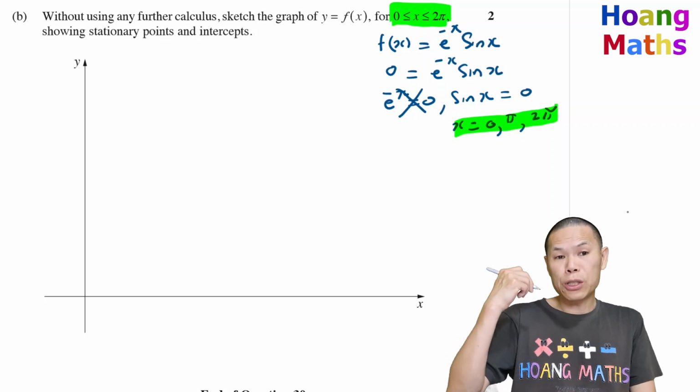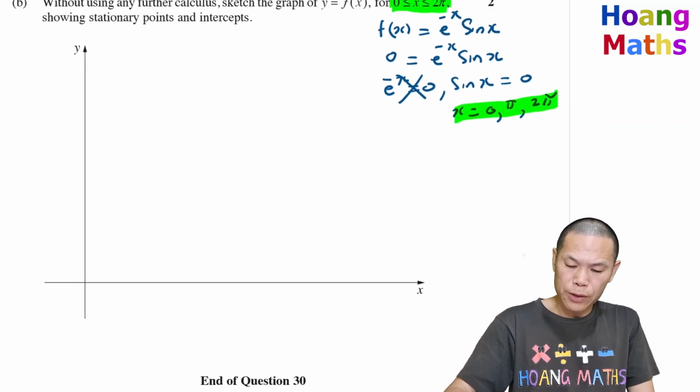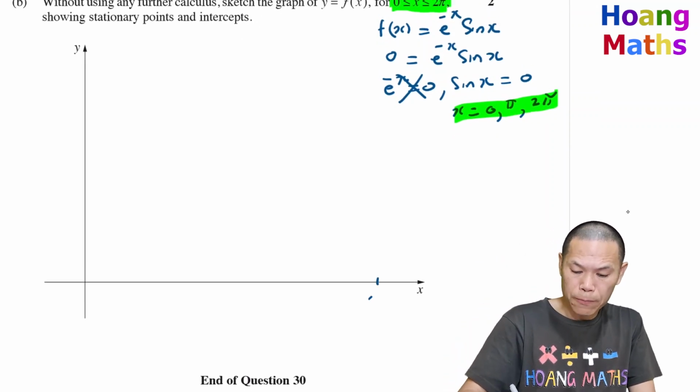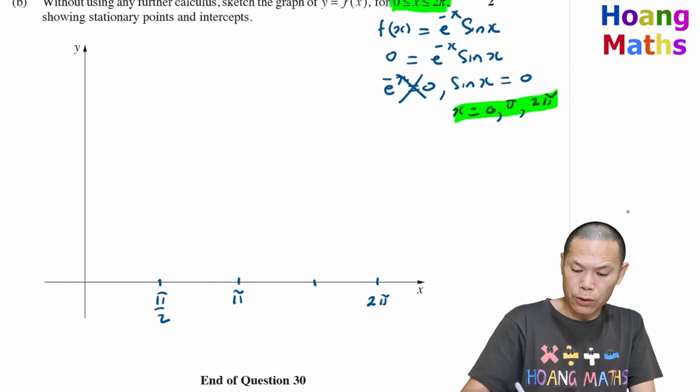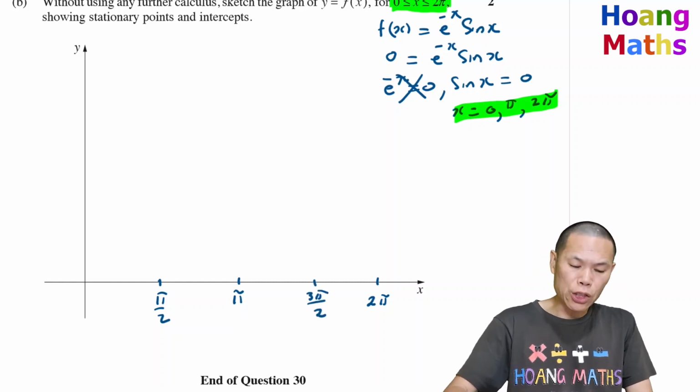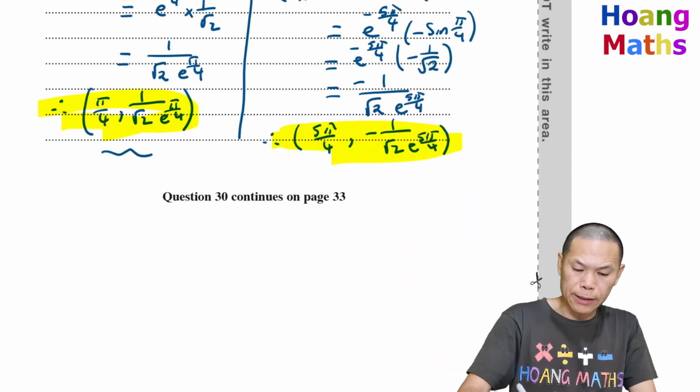Let me label this first. Scale it. This is 2 pi. Half of this will give me pi, and half of this is pi over 2. And then 1 over 2, 2 over 2, this is 3 over 2. And we have the stationary points here.